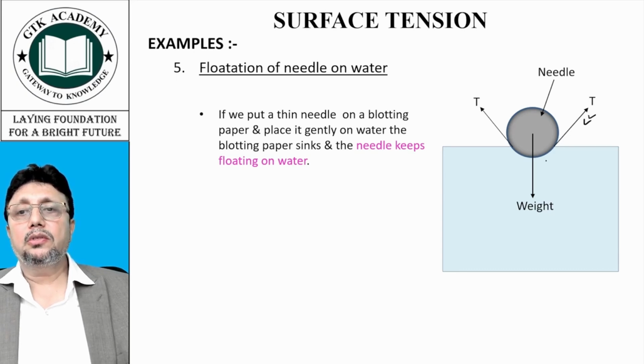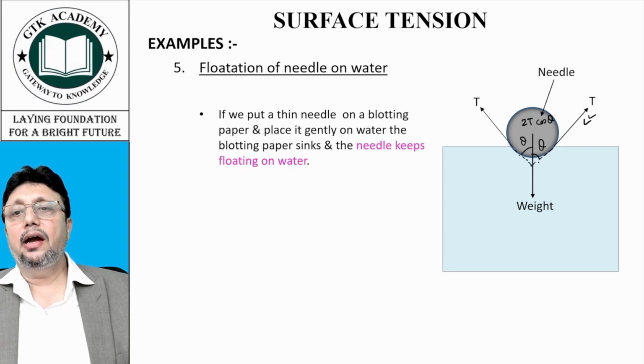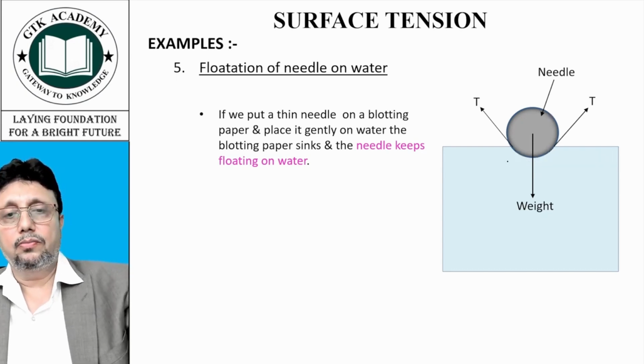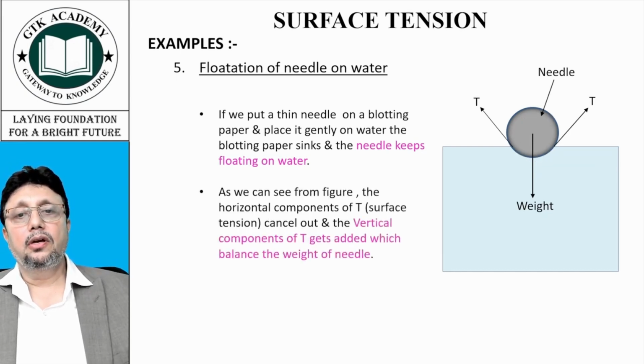One component, suppose this angle is theta, and since it's symmetrical, this will be theta. So 2T cos theta supports the weight, and the components in this direction, T sin theta and T sin theta, they cancel out, right?